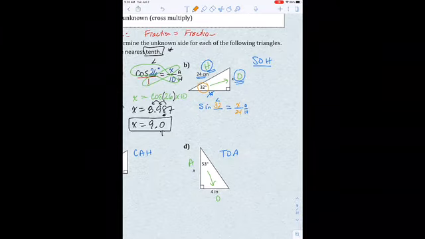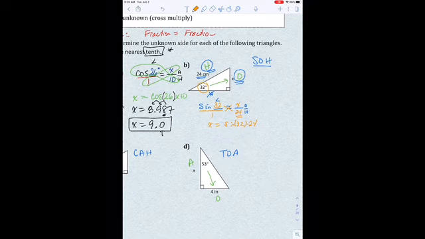The sine of 32 equals my opposite over my hypotenuse, which is 24. Now I've got a proportion because I've got a fraction, an equal sign, and a fraction. So again, we're going to cross multiply. When I cross multiply, I get 1 times x, which is x, equals sine of 32, closing that bracket, times 24.